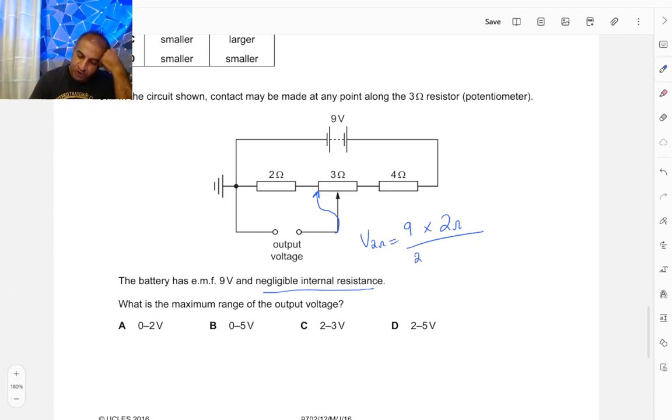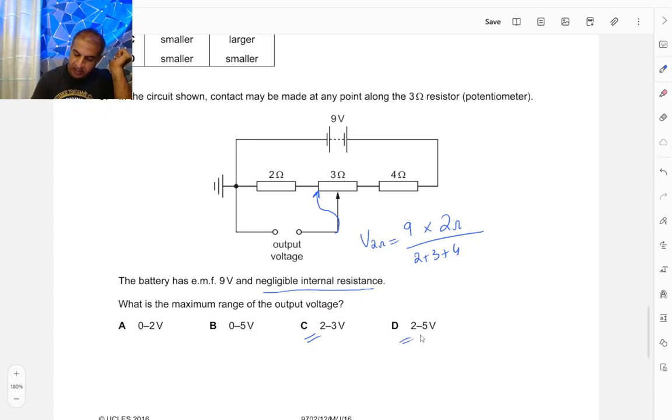That is going to be 2 plus 3 plus 4, and that is going to be 5 plus 4, 9. So 9 multiplied by 2 divided by 2 plus 3, 5, 5 plus 4, 9. So this is going to be 2 volts. It should start with 2 volts.